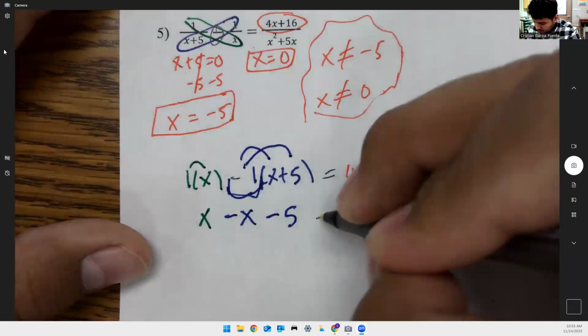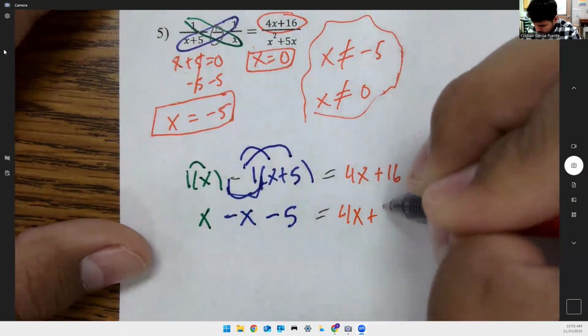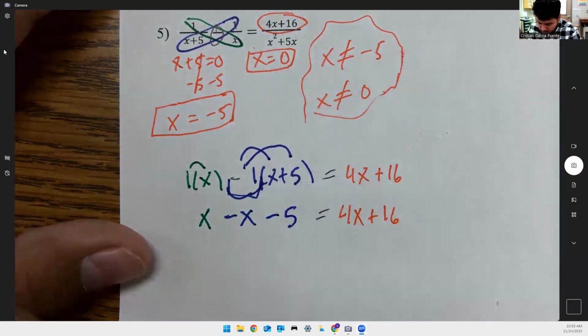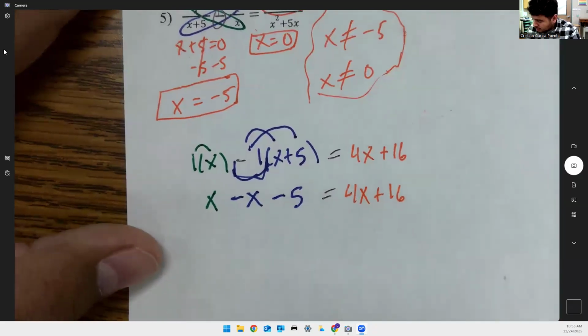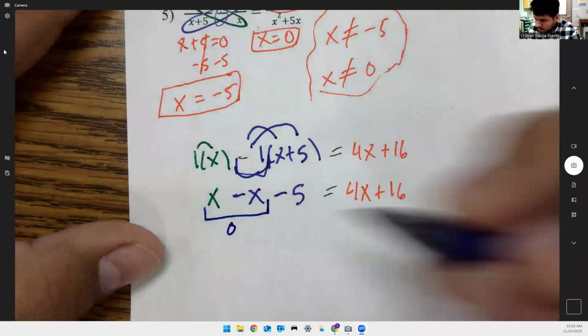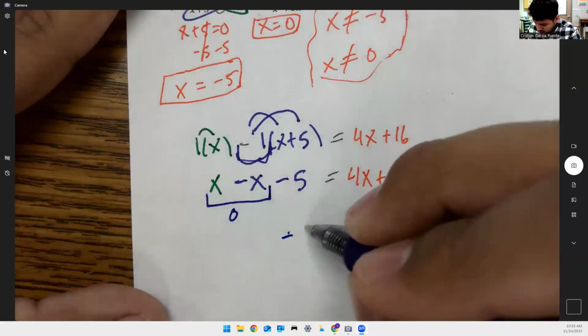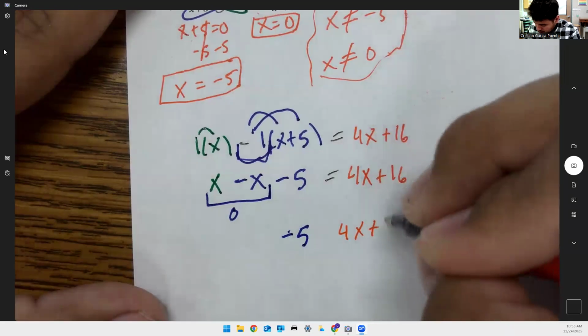And that's equal to 4x plus 16. And let's just, on this left side, what's x minus x? That's just going to be 0. So you're just left with negative 5 is equal to 4x plus 16.